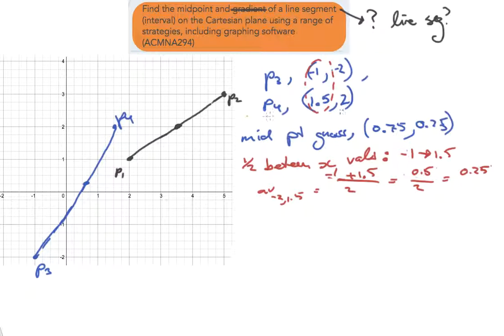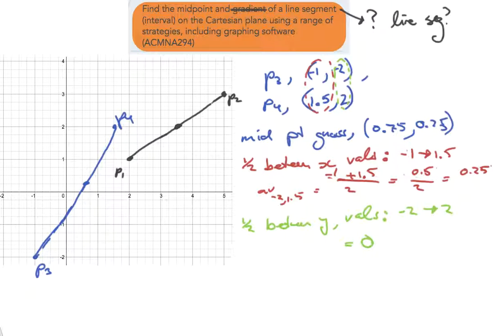Now, we've got negative 2 to 2. Halfway between the y coordinate values, negative 2 to 2, it's pretty easy for us to immediately see that that's just equal to 0, isn't it?